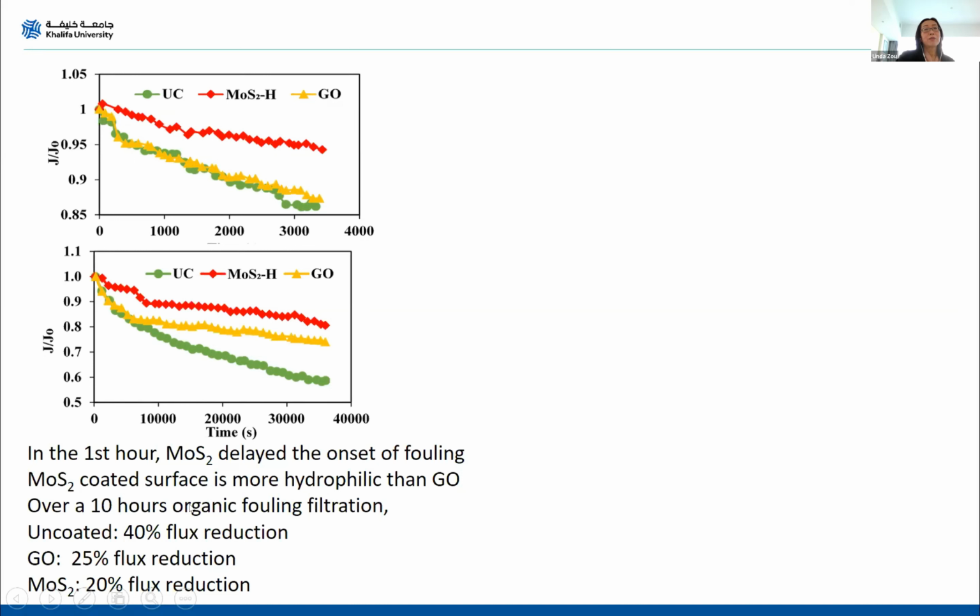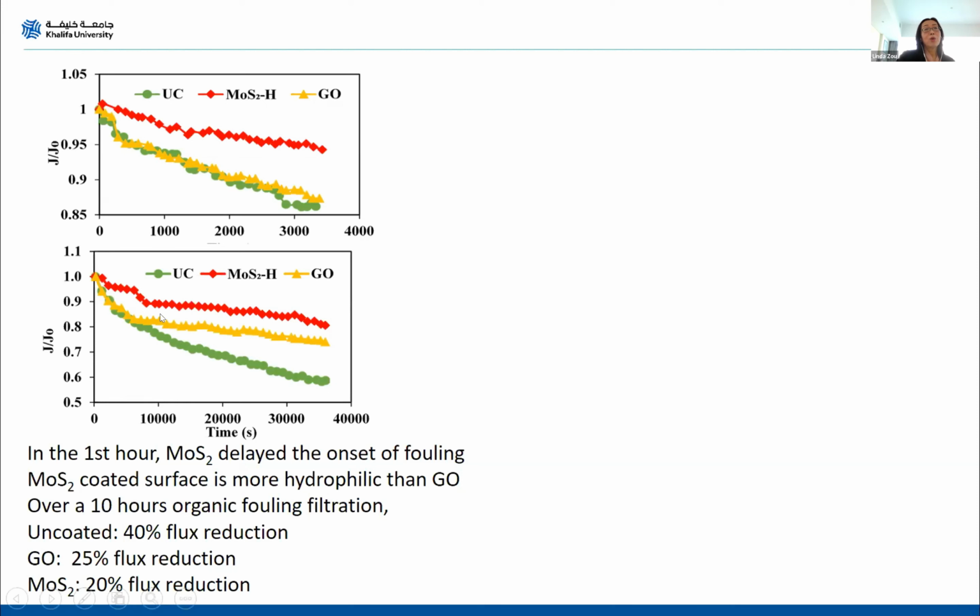The lower graph shows 10-hour filtration results. At the end of the 10-hour filtration, which represents longer-term filtration experiments, we can see the uncoated, the green one, shows 40% flux reduction, which is the worst fouling.